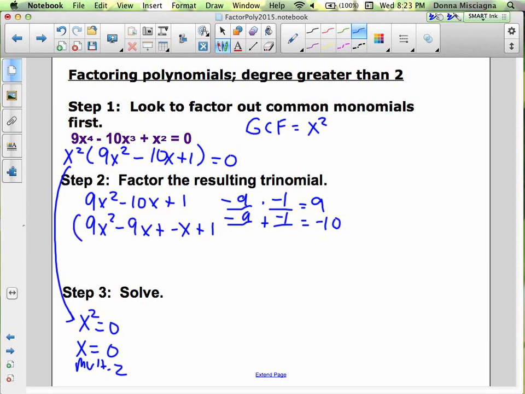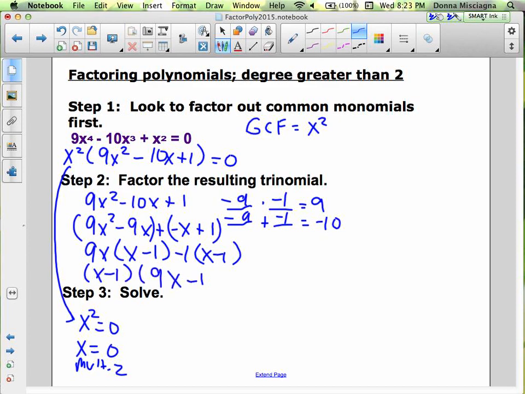The first 2 are a group and the second 2 are a group. We'll factor out the 9x. So 9x squared divided by 9x is x, and 9x divided by 9x is 1. From here, we're going to factor out the negative 1 because we need it to be x minus 1. Now we can factor out the repeating x minus 1, and the leftovers are 9x minus 1. Oh, and I keep forgetting to put equals 0 because we are solving.